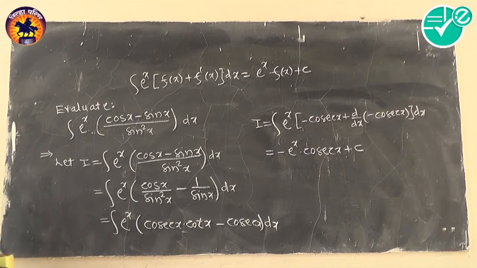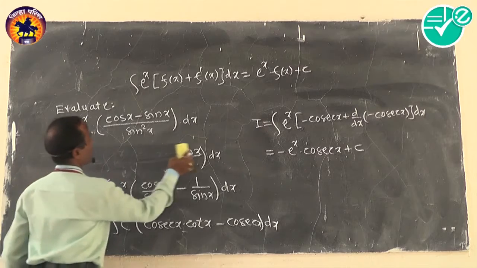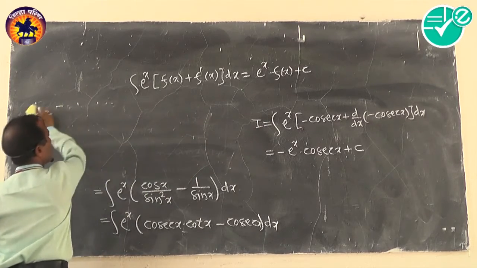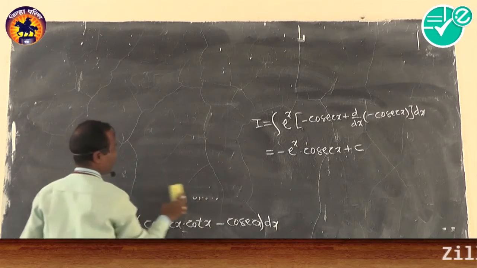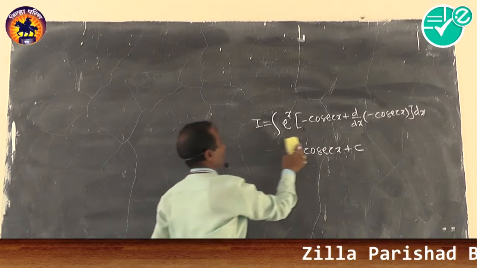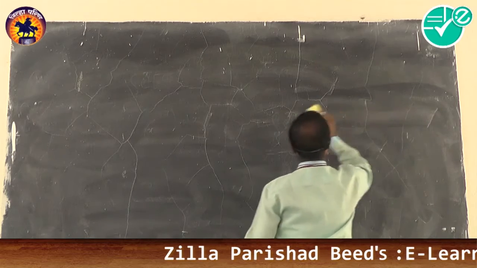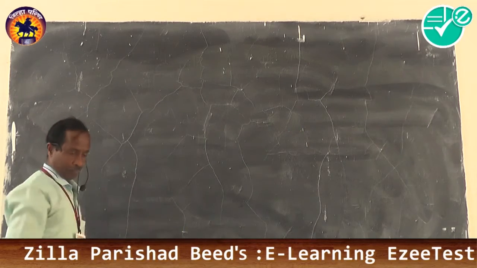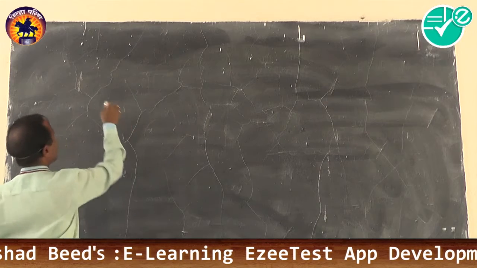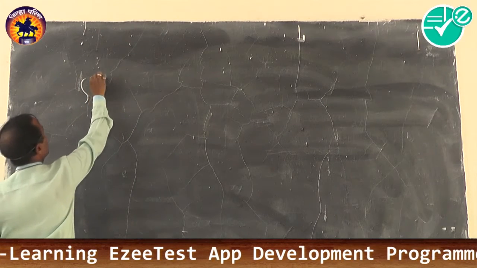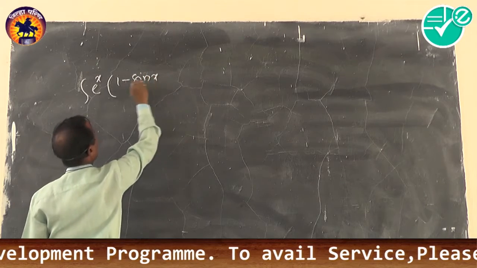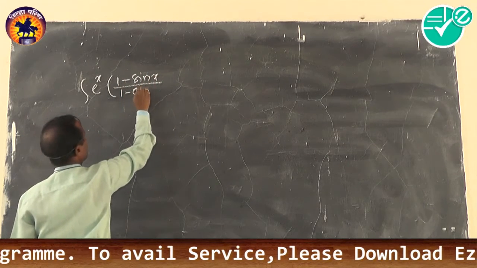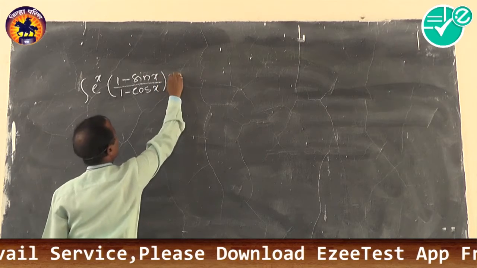Now we are going to take the next example. E raised to x into (1 minus sin x) upon (1 minus cos x) dx.